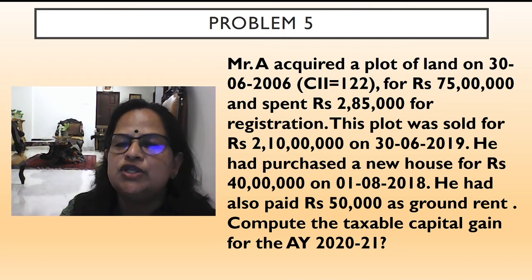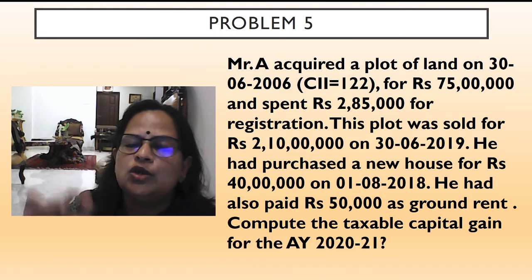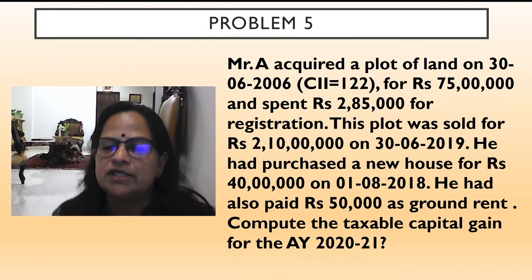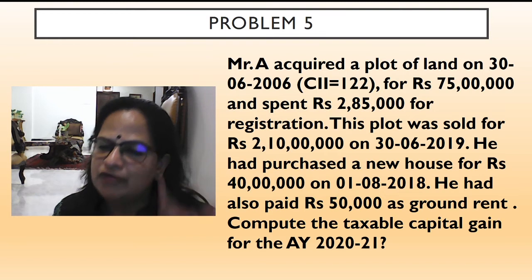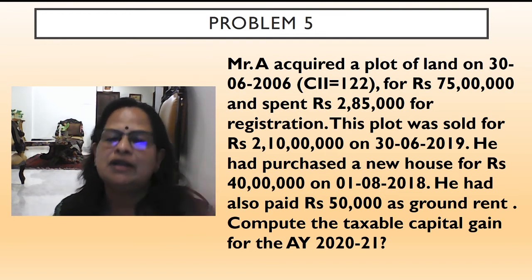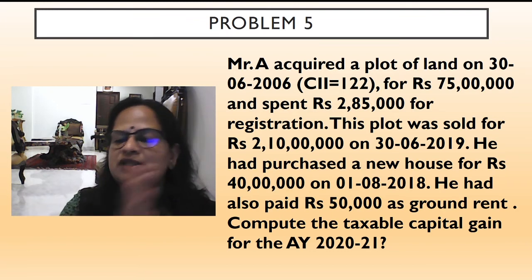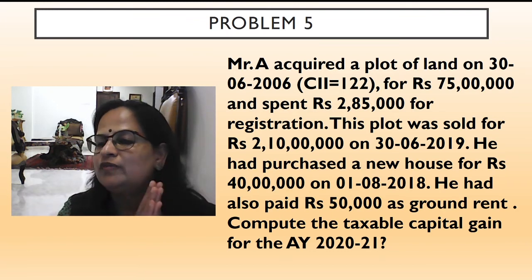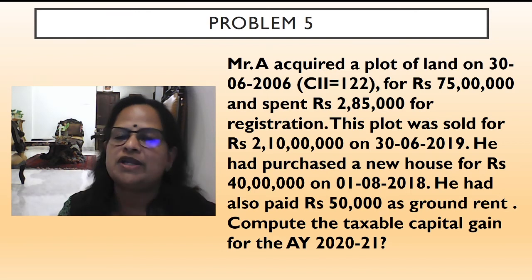He had purchased a new house for 40 lakhs on 1/8/2018. He had also paid 50,000 as ground rent. Ground rent, already I have explained, it's a revenue expenditure. We will not allow any deduction. So please remember that ground rent is a revenue expenditure. We are dealing with capital expenditure, so we will not allow any exemption for ground rent.